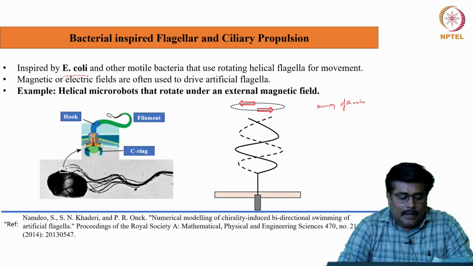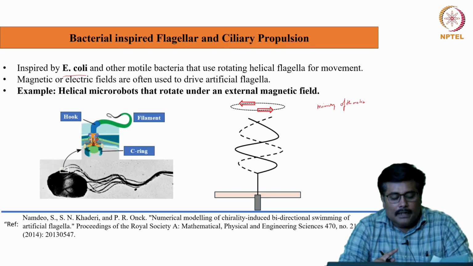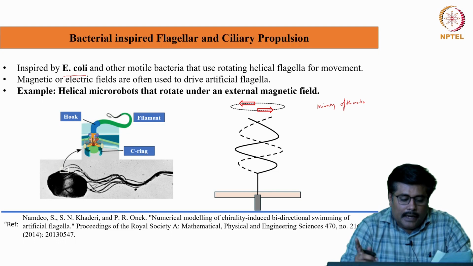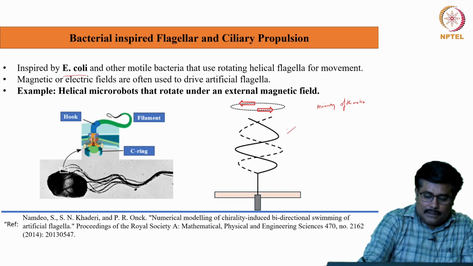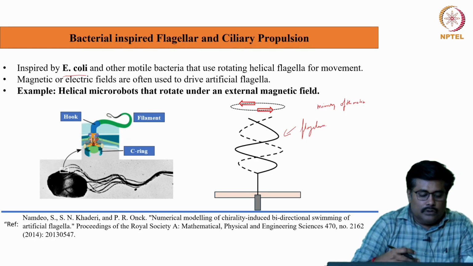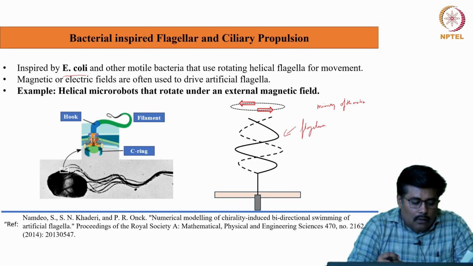Bacteria are a kind of living organism that can move inside a low Reynolds number fluidic environment. A helical shaped filament called a flagellum is used by the bacteria for locomotion.